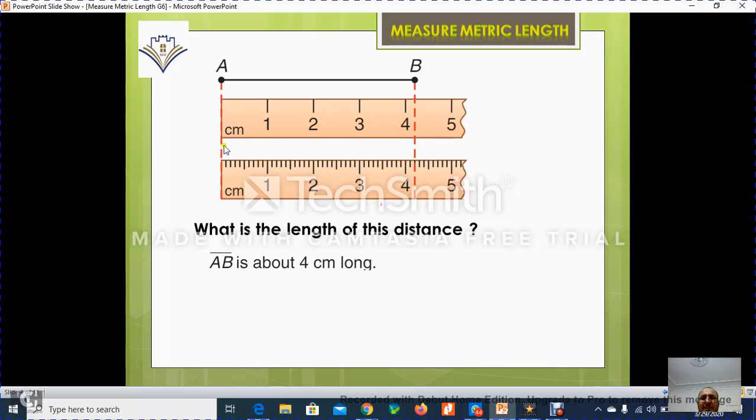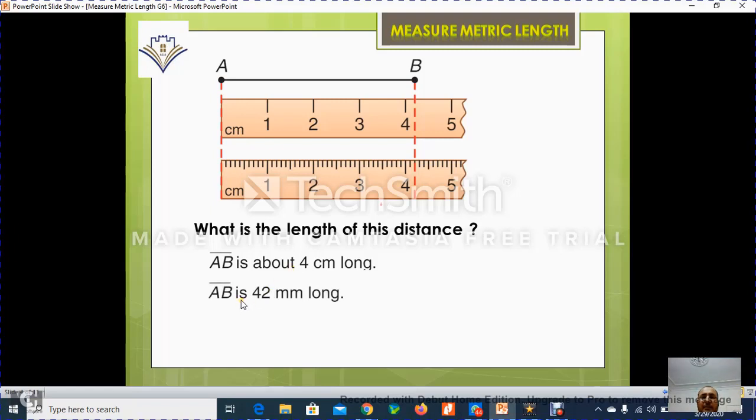But look at the second one here. The distance from 0 to 1, how many parts are there? There are 10 millimeter, and from 1 to 2 centimeter it's 20 millimeter, and then 30 millimeter, and then 40 millimeter, and we have another 2 parts here, then it's 42 millimeter.